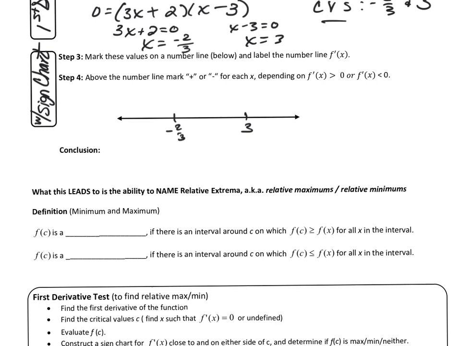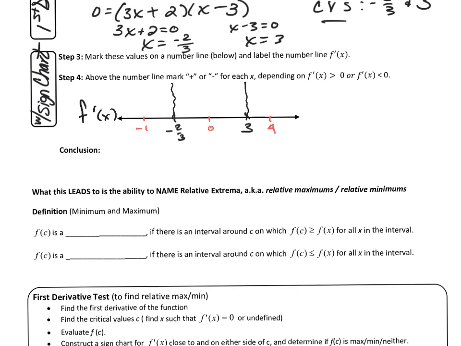Now, both of those are dividing places because that's where the derivative is equal to 0. And so let's figure out what happens on either side. Name this as f prime of x. We're going to do some test values. Let's test a value here, in between, and here.